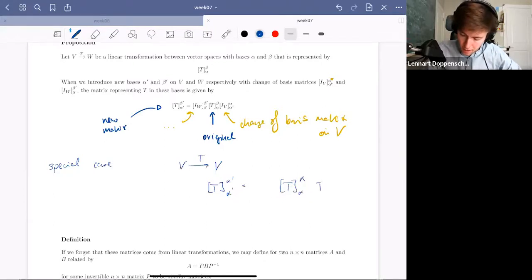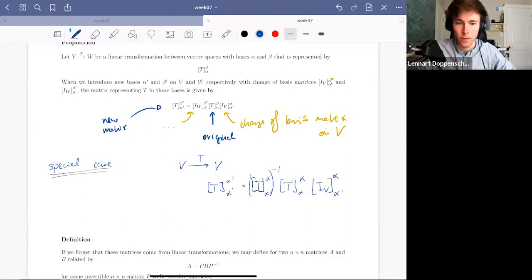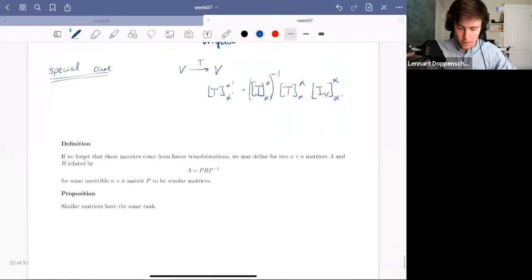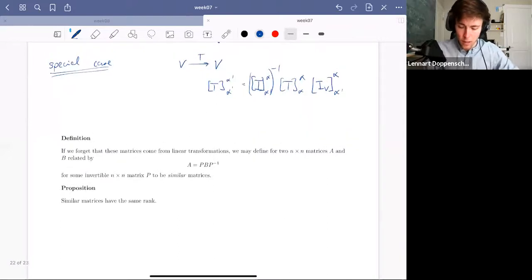Then we would have the identity map in the basis alpha prime to alpha, and here we would go from alpha to alpha prime. But it would be nice to have the same matrix left and right. So what we can do is take again the alpha prime index to be the lower index, and then we just take the inverse of this. This is in the book if you want to know more about this. And then this next definition is very natural after this proposition. Well, what really happens here?